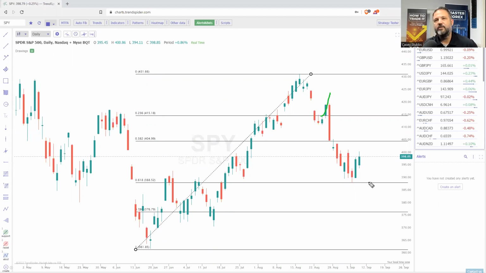Okay, there are some traders, and I'm just bringing this up because my way is not the only way, but some traders will put a buy order on this level and they'll try to catch the bounce. As you can see, if they would have done it on this one, it would have worked. Had they done it on this one, it probably would have worked. If they would have done it on the 38.2, it would have been a loss.